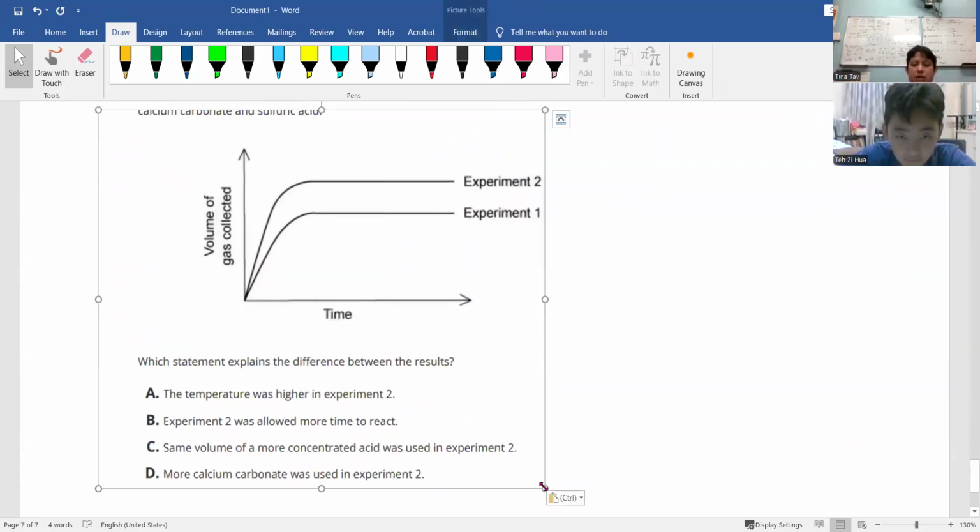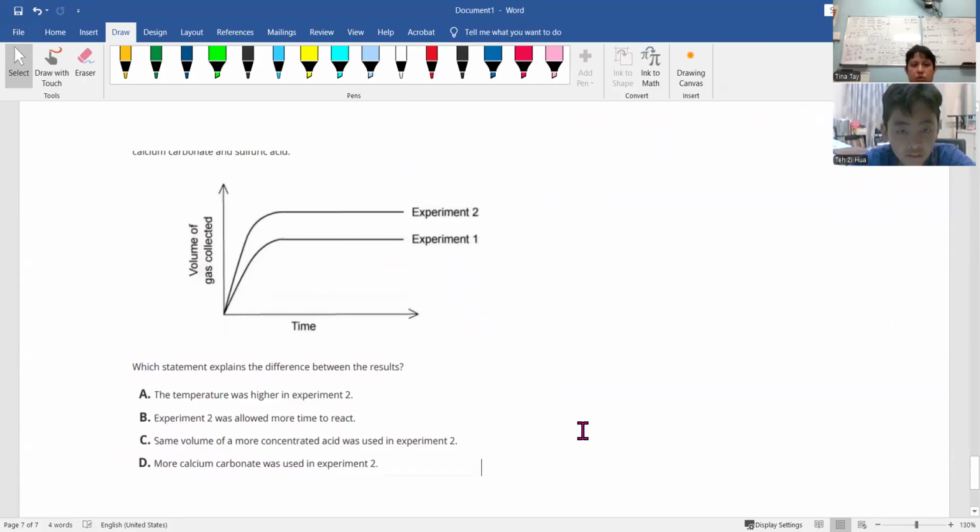Okay. This is two graphs to show the reaction between calcium carbonate and sulfuric acid.